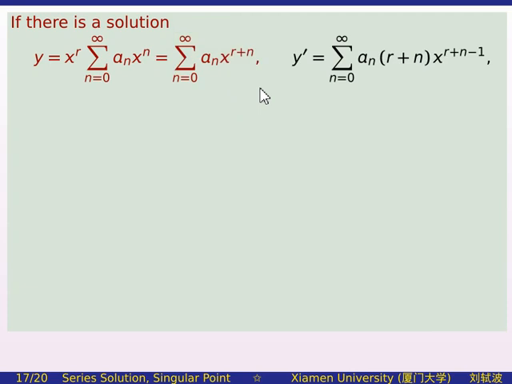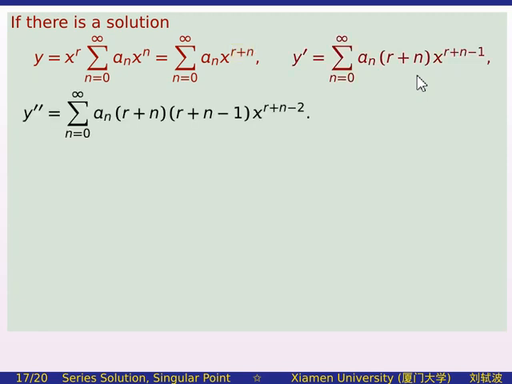So the first order derivative is sigma of an times r plus n times x to the r plus n minus 1. And we can also compute the second order derivative by taking the derivative term by term. A power series can be differentiated term by term.